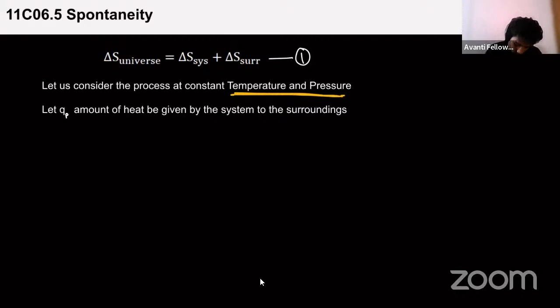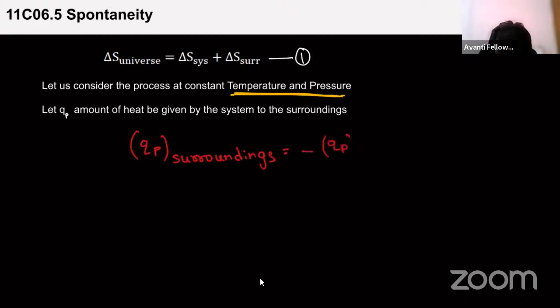Now, in that case, what is the heat gained by the surroundings at constant pressure? It is nothing but how much heat is lost by the system. I can write it as minus the heat lost by the system.